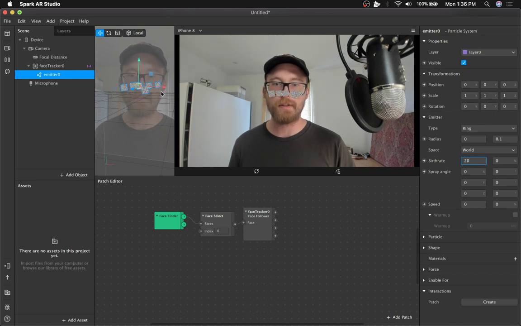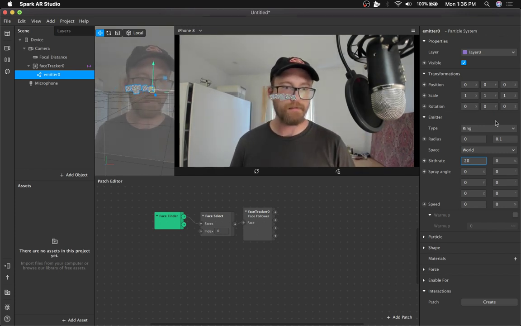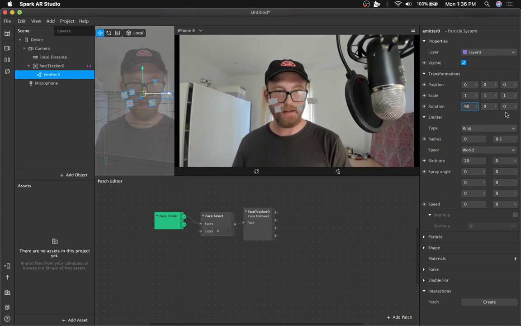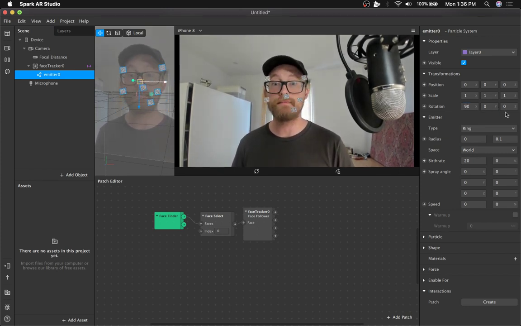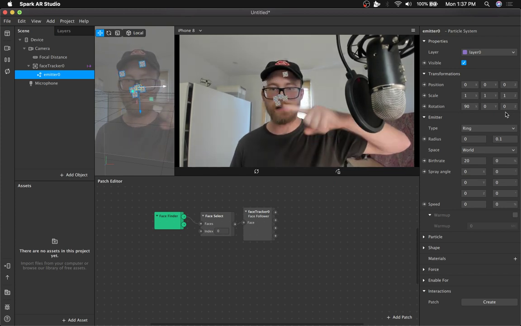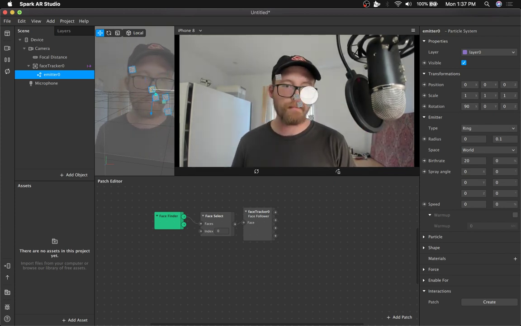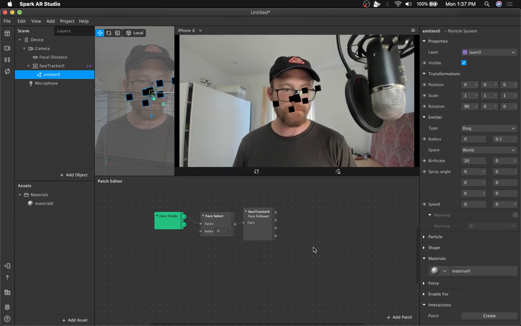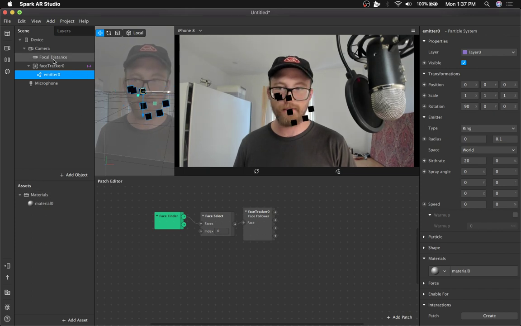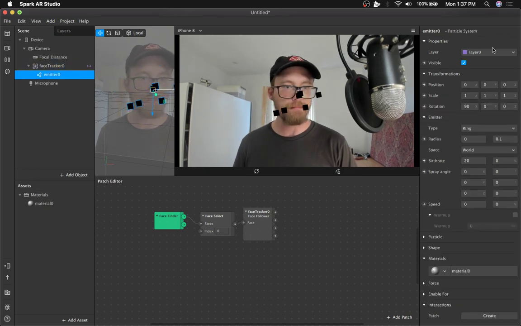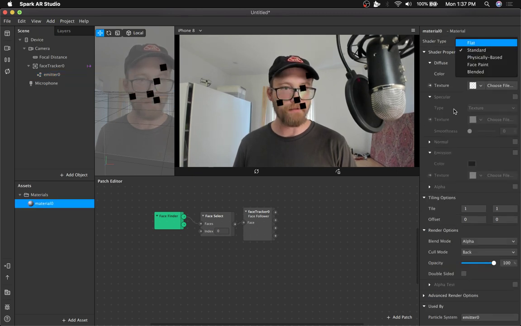It's hard to tell, but the ring is actually flat right now. So I'm just going to go ahead and rotate 90. I think that's the right number. 90 on the x-axis. So that looks right. Give it a material, just so it's not the default. And just gonna make it flat.